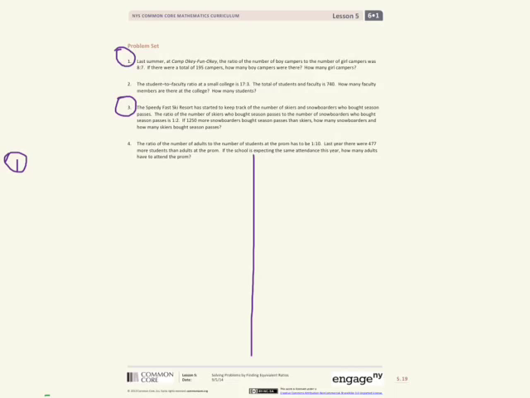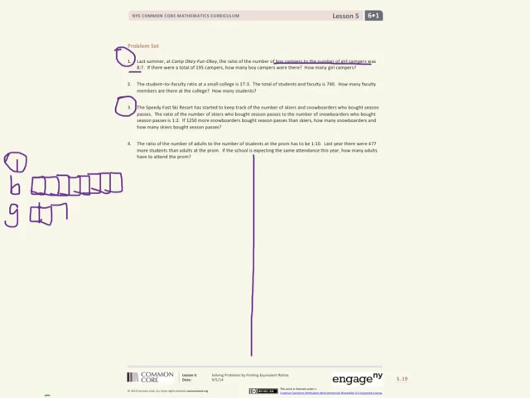I'm going to read it. Last summer, we've got this camp where the ratio of the number of boys to the number of girls was 8 to 7. And I know it's boys to girls. So I'm going to draw boys and girls, and I'm going to draw 8 boxes for the boys. 1, 2, 3, 4, 5, 6, 7, 8. And now I'm going to do the girls, which is 7.